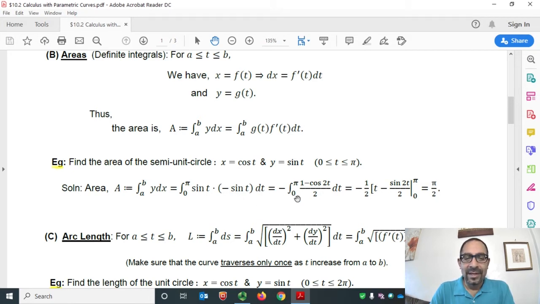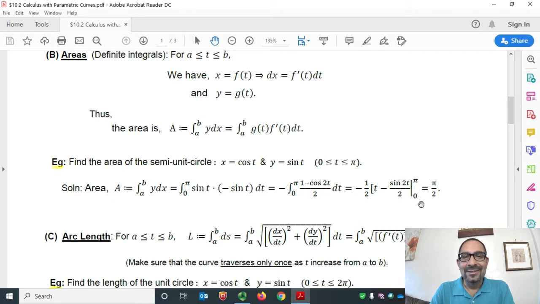This equals, next step, pull this negative outside, and definite integral 0 to pi as it is, multiply sine t times sine t is sine squared t. Then use the trig identity. Sine squared t equals (1 minus cosine 2t) over 2, and dt. Next step, minus as it is, pull 1/2 outside, then integration of 1 becomes t, minus integration of cosine 2t becomes sine 2t over 2.